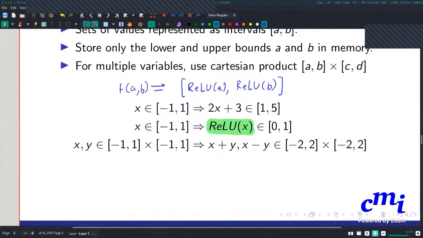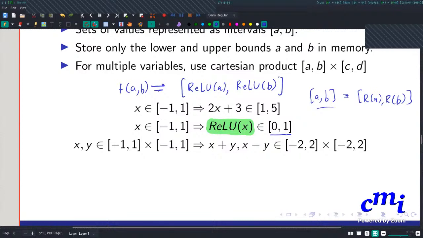You said that for [0, 1], but it's true for any input interval [a, b]: there is no point in [ReLU(a), ReLU(b)] which is not in the image of [a, b], right? Yes.